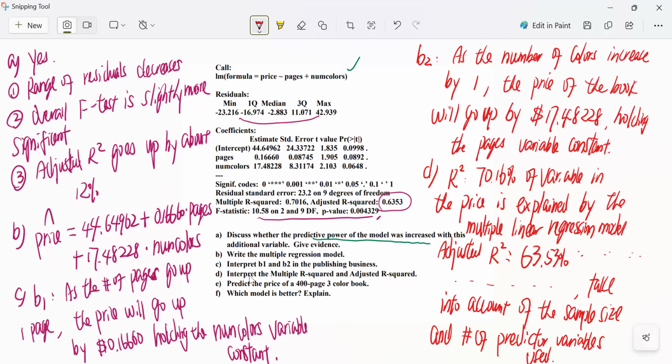And part E. I probably need another page, so let me just put on that page.